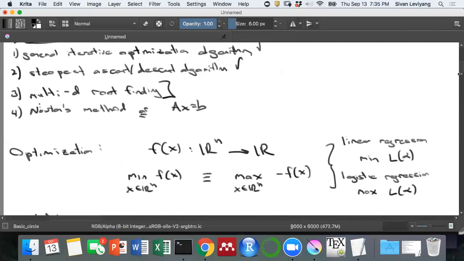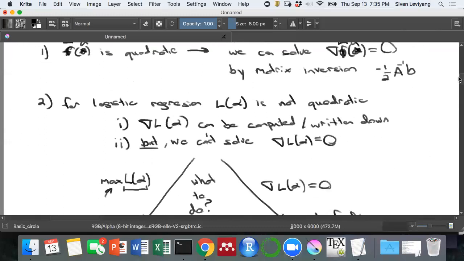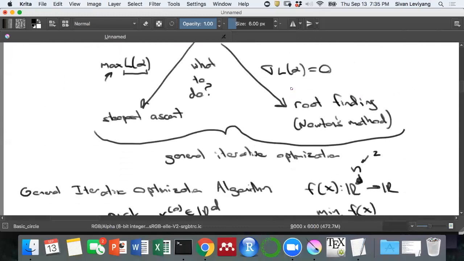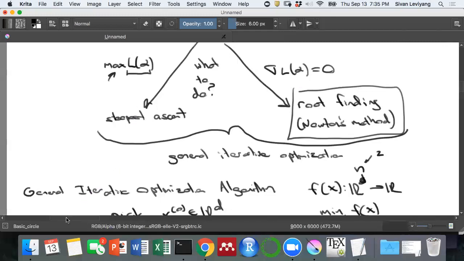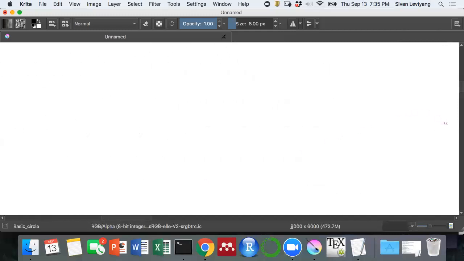But for us, what root finding is going to do especially is let us set the gradient equal to 0. So it'll be a different way of minimizing or maximizing. That's just to show you where we're going.